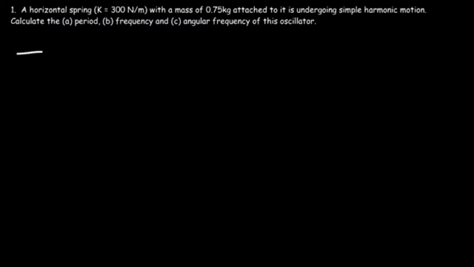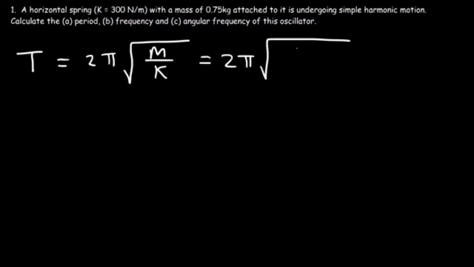The formula that we need to calculate the period is this equation. It's equal to 2 pi times the square root of the mass divided by the spring constant, and we have all of that in this problem. The mass is 0.75 kilograms, and the spring constant is 300 newtons per meter.